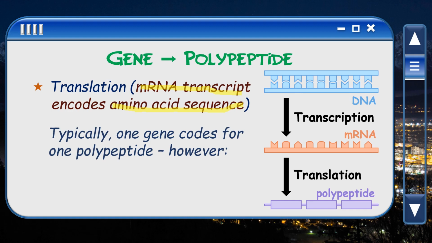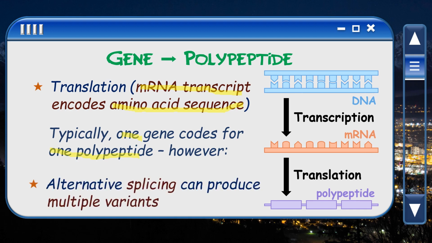Typically, one gene codes for one polypeptide. However, alternative splicing can produce multiple varieties.